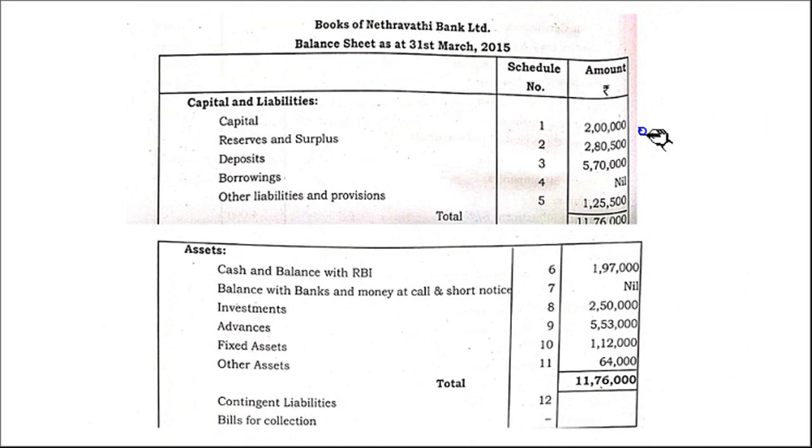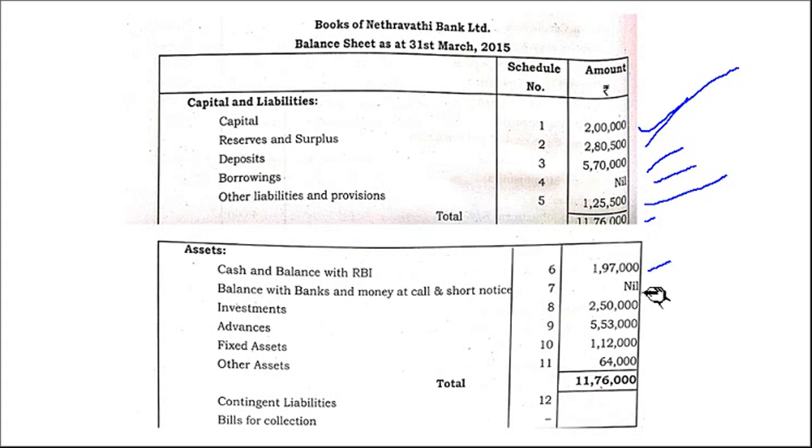So capital they have given 2 lakh. Then reserves and surplus schedule 2. We have calculated 2,80,500. Then deposits 5,70,000. Borrowings not there. Other liabilities and provisions 1,25,500. So total 11,76,000.